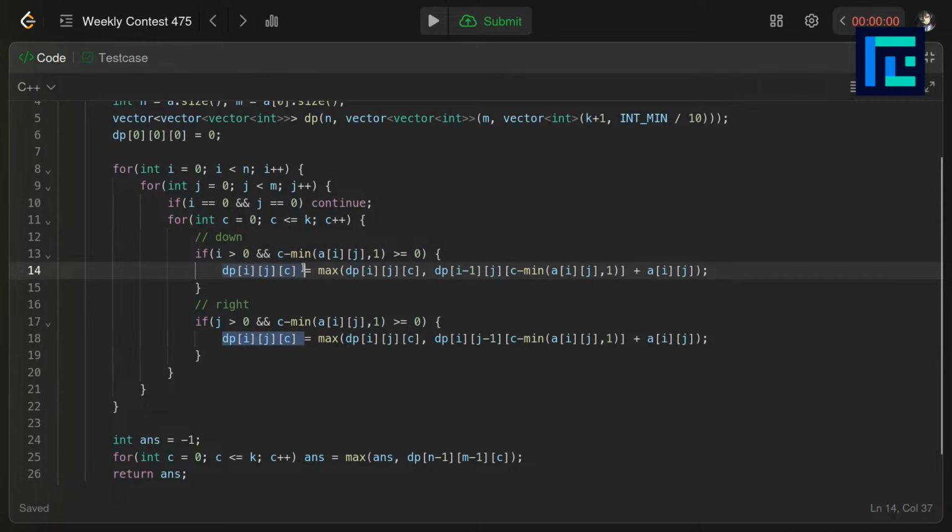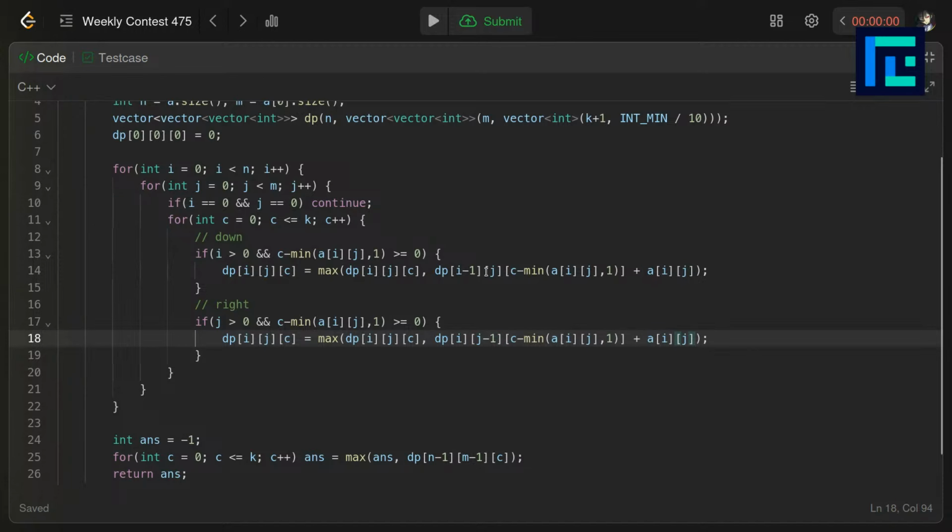So dp of i, j, c will be the max of itself and dp of i minus 1, j, c minus the cost incurred, plus a of i, j. That's the condition for this one. Similarly, to come from the right side, if j is greater than 0 and c minus the cost incurred is greater than or equal to 0, then dp of i, j, c is equal to dp of i, j minus 1, c minus this cost, plus the new score which is added on.